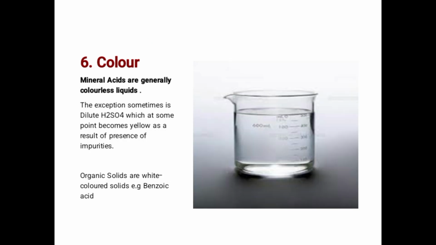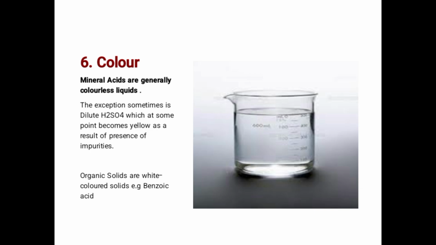Another one of their physical properties is color. Mineral acids are generally colorless liquids, except for dilute H2SO4, which at some point, when exposed, due to oxidation and the presence of impurities, may become yellow. You would have observed that if you put a solution of H2SO4 and leave it for some time, it might gradually turn yellow.